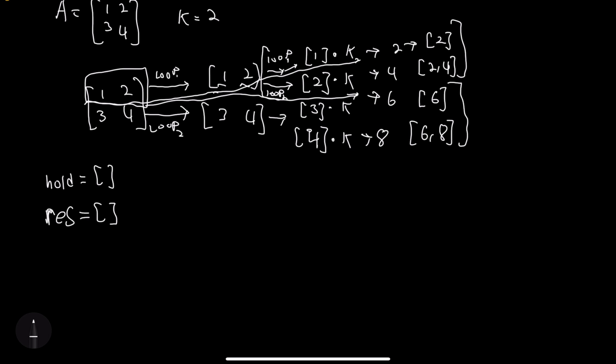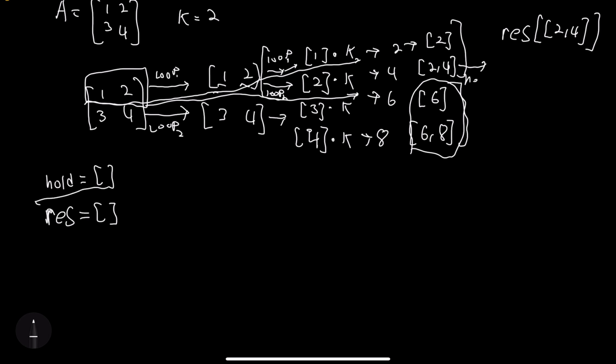Oh, missed a small step. Before we went on to the second part, we would take 2 and 4, and we'd put that in the final result, because that's what we're looking for in our final result. So res at this point would be a list of 2, 4. And once we have that, we're not resetting res, we only reset the hold list here.